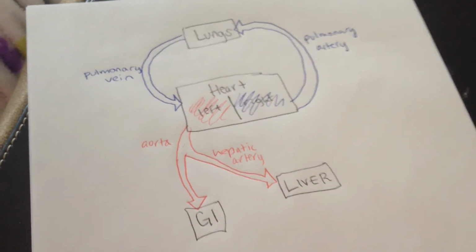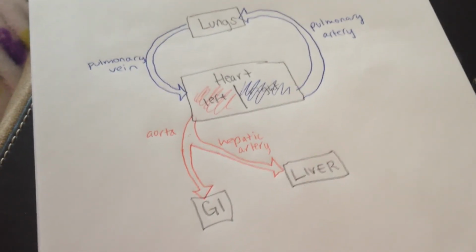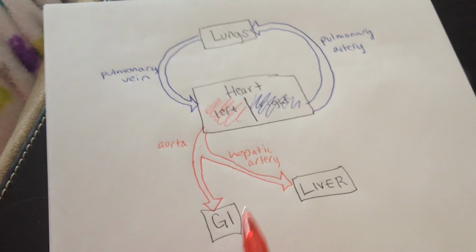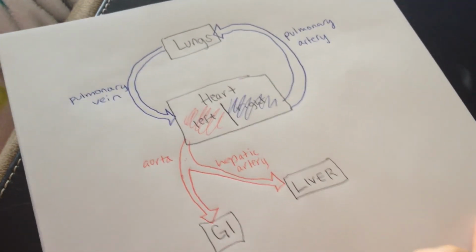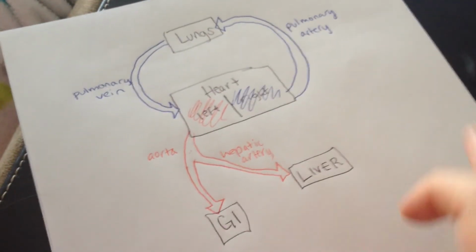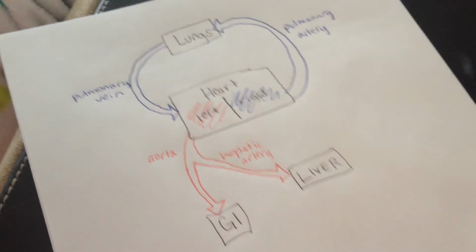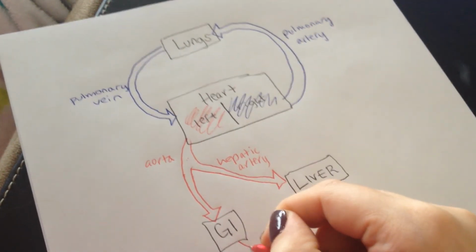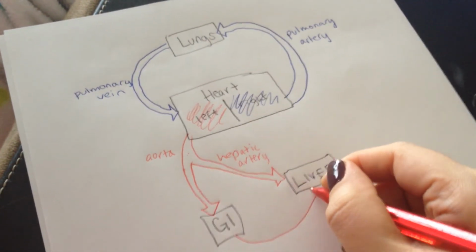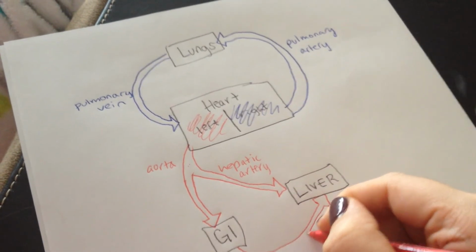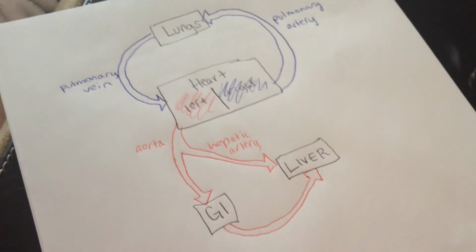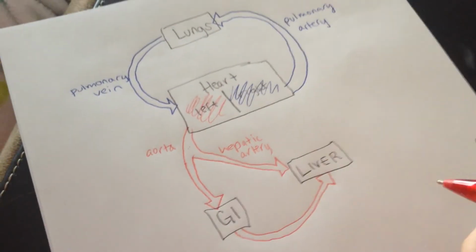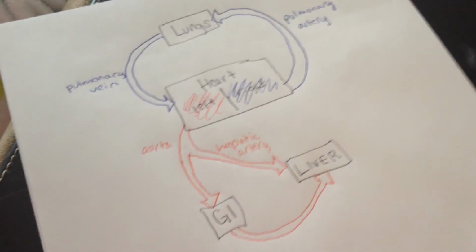So we want the nutrients to go through the liver. So what's already gone through the GI tract, we want that to pass through the liver so that it can filter out the bad things. So that's what's going to happen next. So here we have something called the hepatic portal vein.